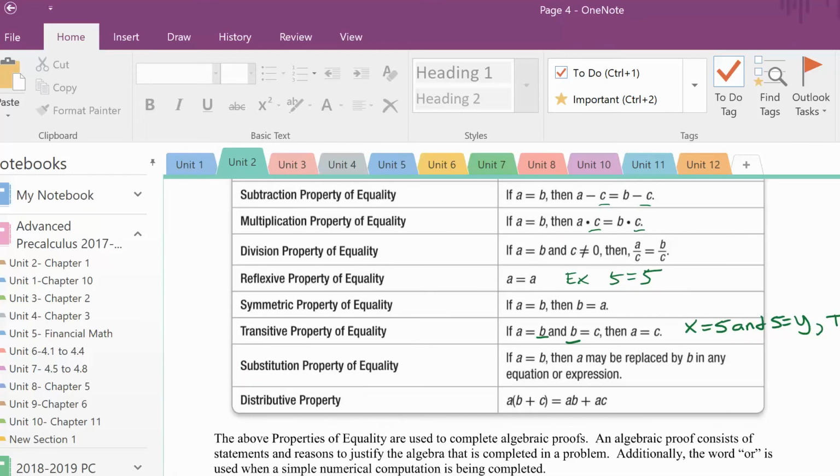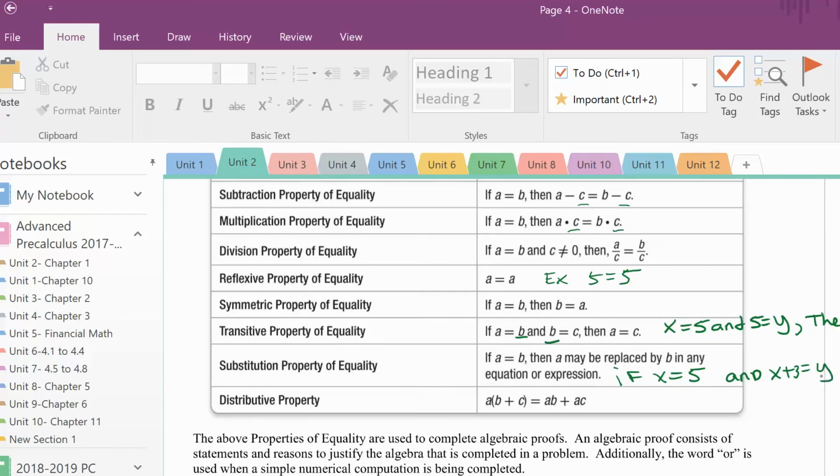Substitution is when you replace a and b in an expression, and we'll talk about that. For example, if x equals 5 and x plus 3 equals y, then by putting 5 in, that is substitution because we're replacing what it's equal to.